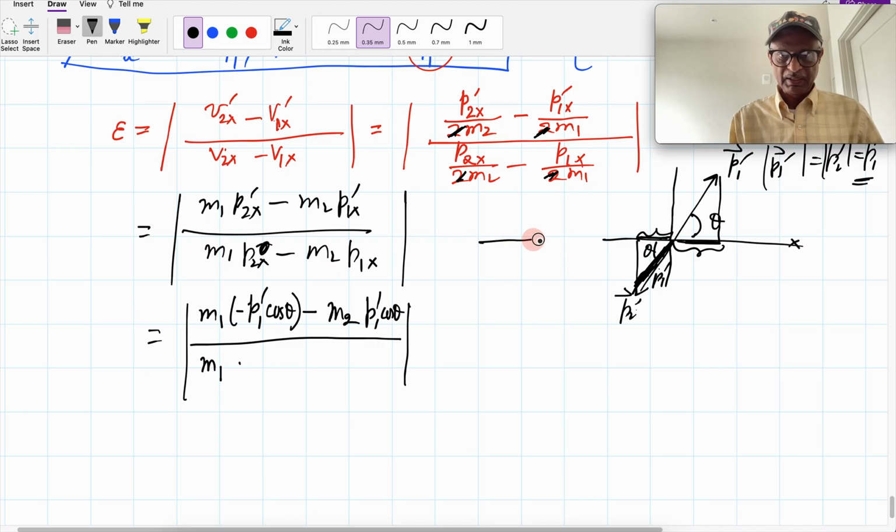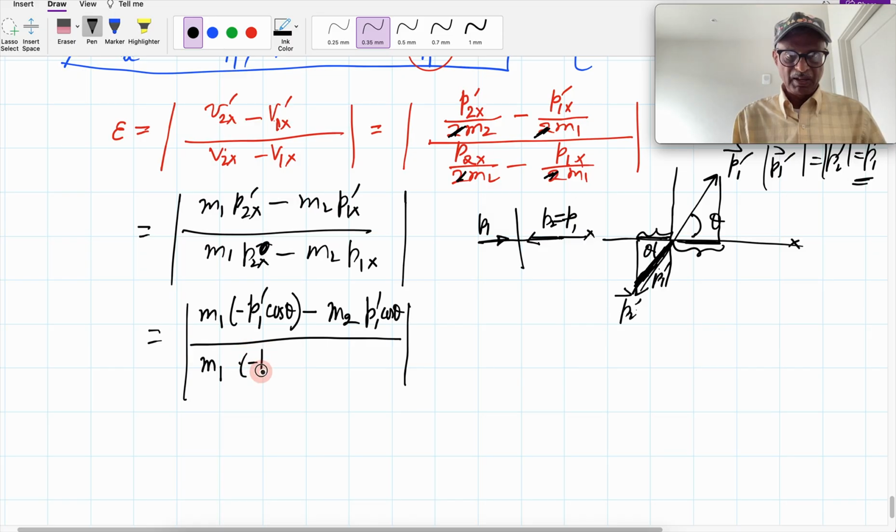So these are before: p1 was coming in and p2 was coming in, which is equal to p1. And this is the x direction. So this is positive, this is negative, minus m1 p1, minus m2 p1.